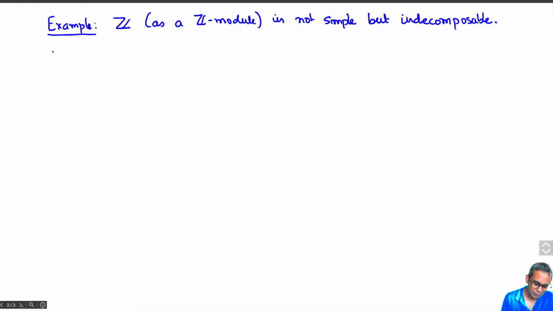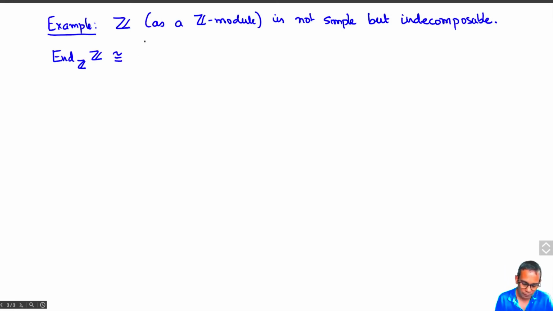So firstly, let's compute End_Z(Z). Well, it turns out that if you have a Z-module homomorphism from Z to Z, it's completely determined by the image of the unit of Z, namely the integer 1. If you know where 1 goes, then you know where everyone else goes.